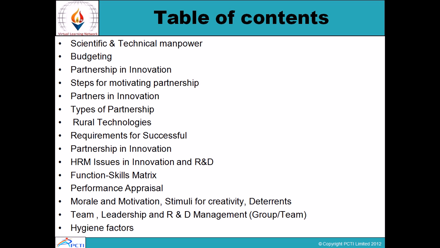Then further we will cover the different steps for motivating the partners, types of partnership, technologies, requirements for successful partnership in innovation, HRM issues in innovation and R&D, function skills matrix, performance appraisal, morale and motivation, stimuli for creativity, team leadership and R&D management, which includes a group and team. Then at last we will discuss the hygiene factors.